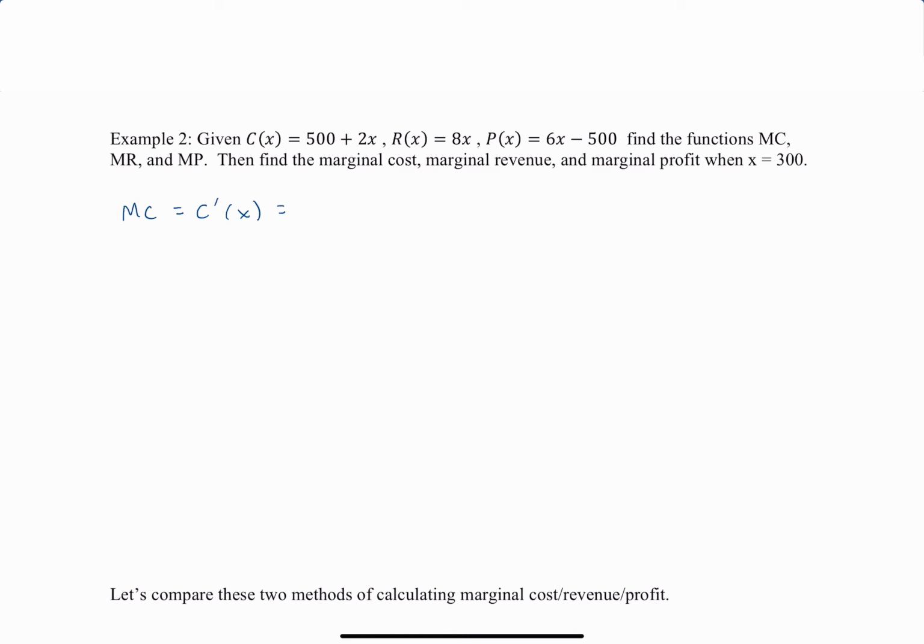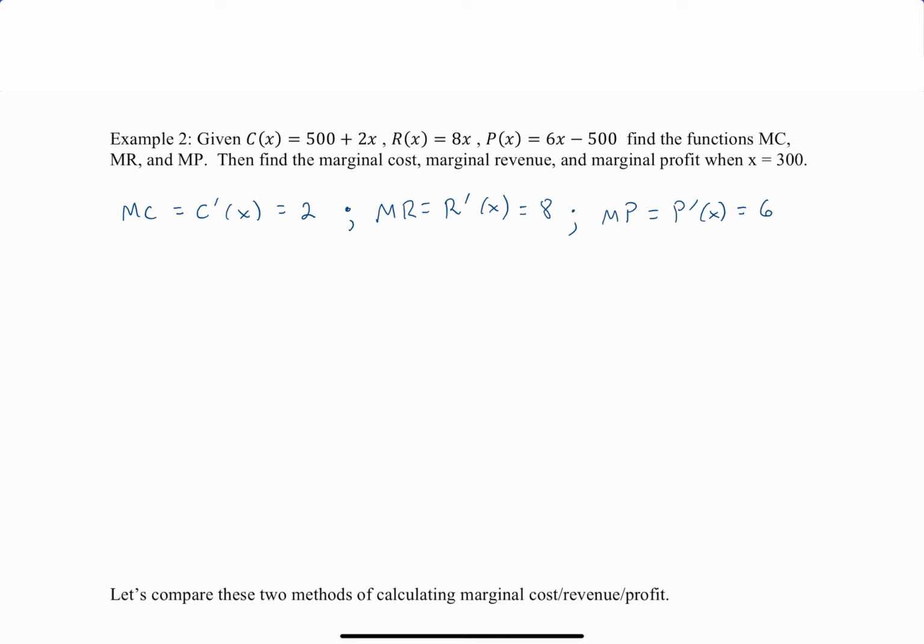So the derivative of 500 plus 2X is just 2. The marginal revenue is defined to be R prime of X. The derivative of 8X is just 8. And last, the marginal profit is defined to be P prime of X. The derivative of 6X minus 500 is 6.